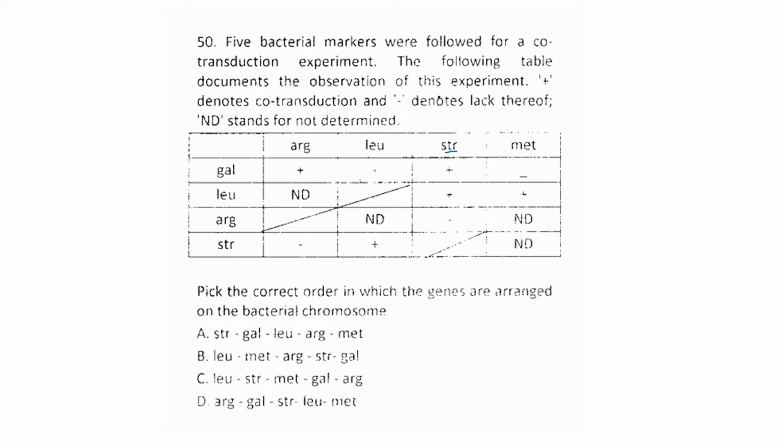so it means that they lie closely on the chromosome. So the sequence could be gal, arg, STR. The sequence could be anything. Now we have to find out the sequence only. So leucine, okay, let's take a look. STR is not co-transduced with arg, but has been co-transduced with leucine.